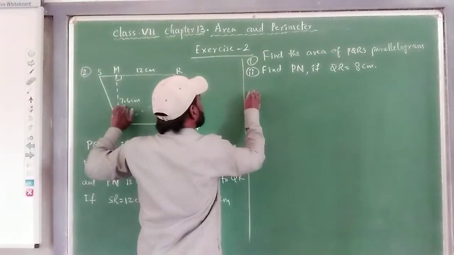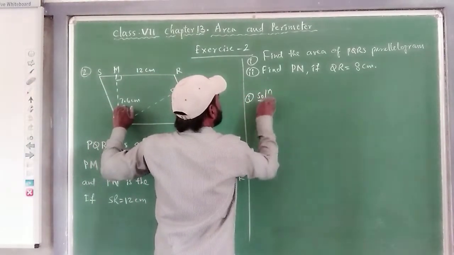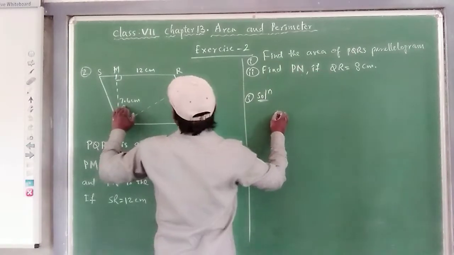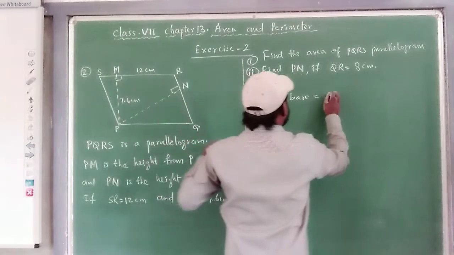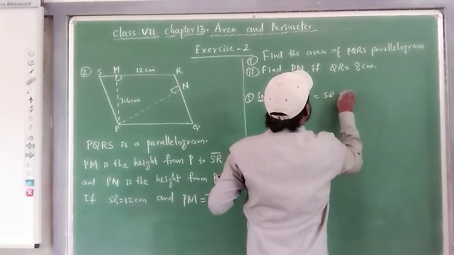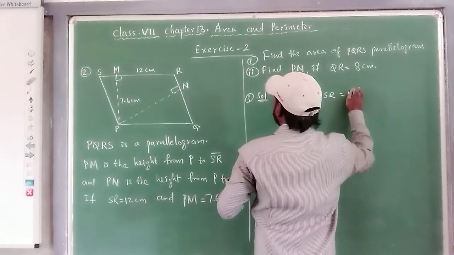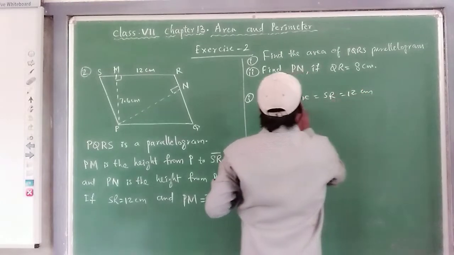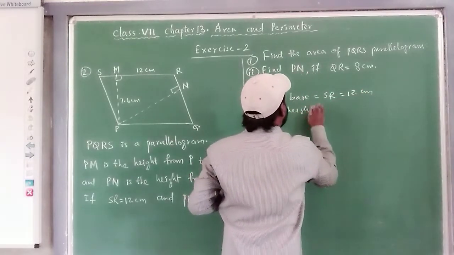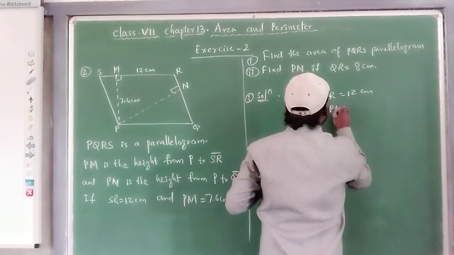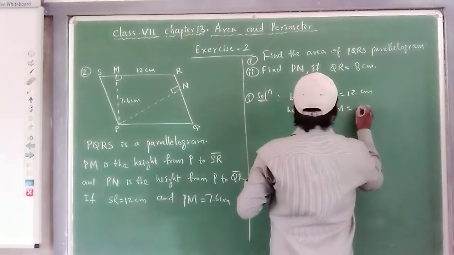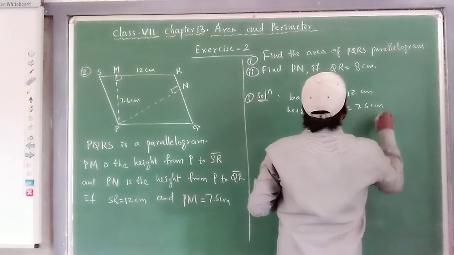So, first question solution. In parallelogram PQRS, base is what? We have to take SR, that is 12 centimeters. And height, the perpendicular distance between the parallel sides, that is PM, that is 7.6 centimeters.